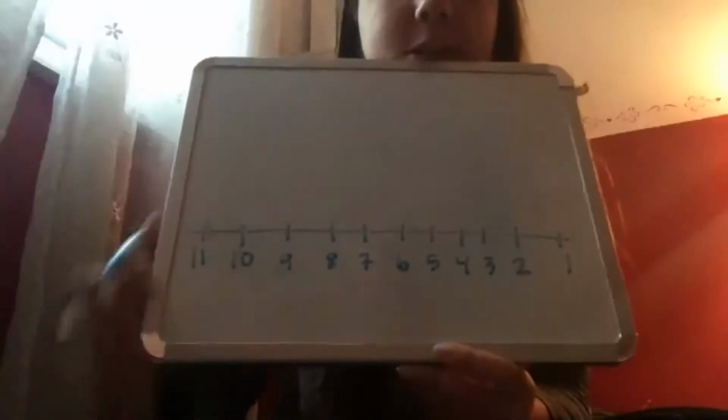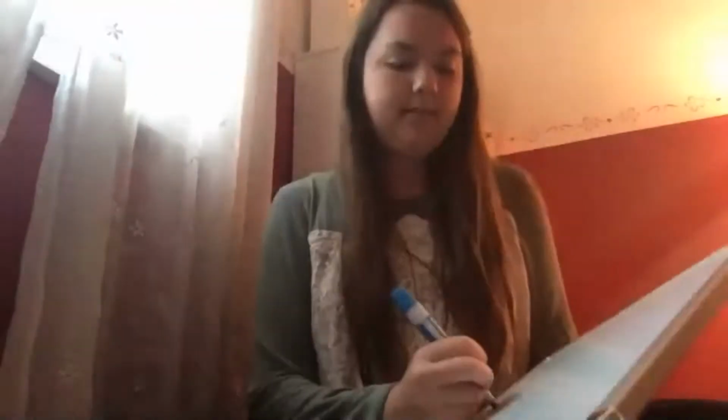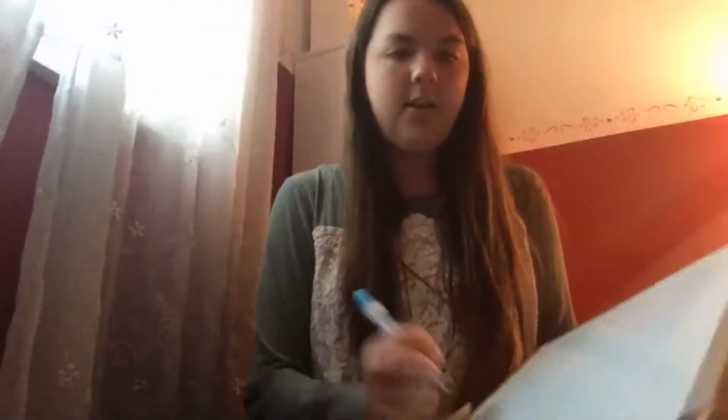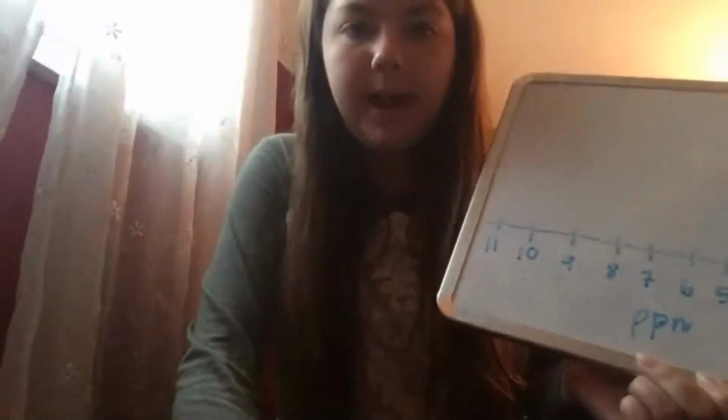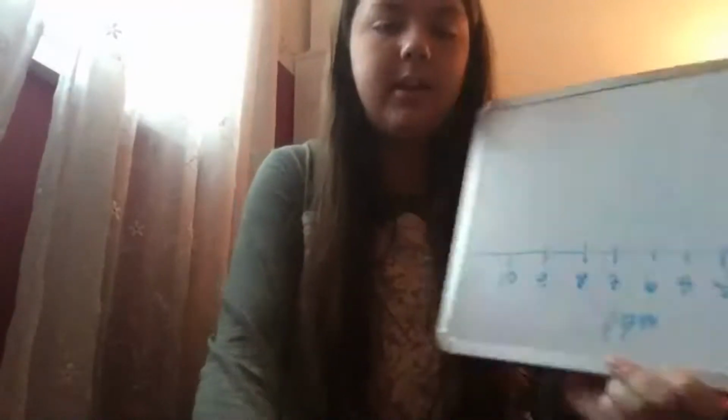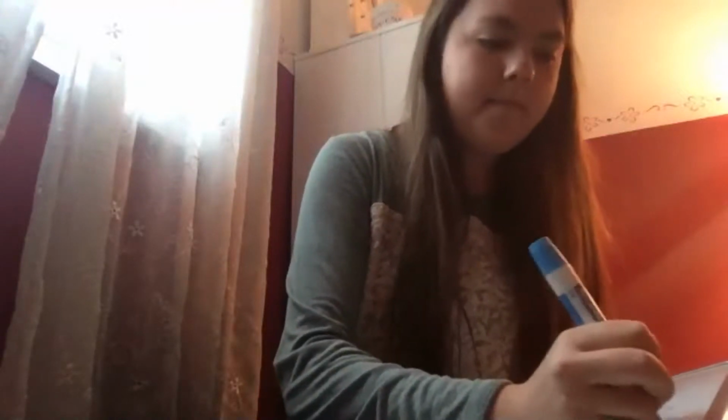So it's from 1 to 11, and here. So going back, I'll draw the compound up above too, right here, so that way you guys can see. Okay, so here's our compound up above.